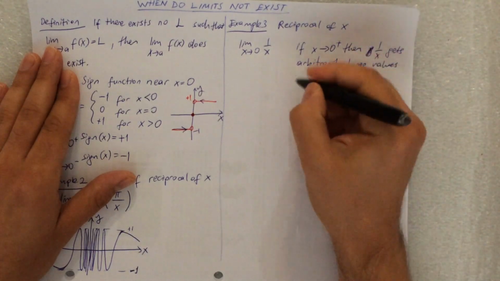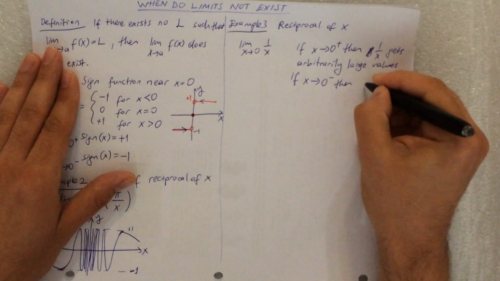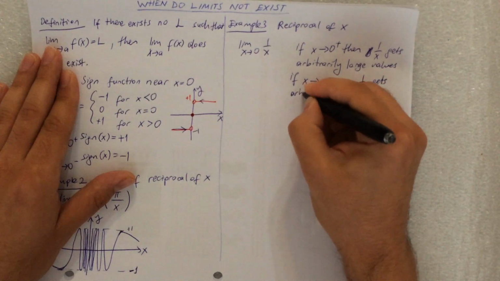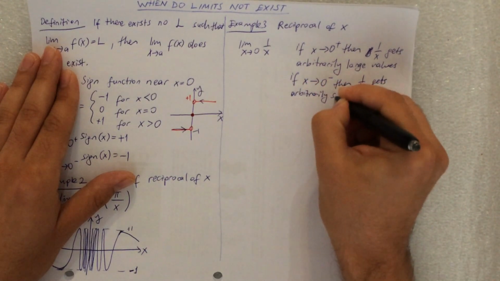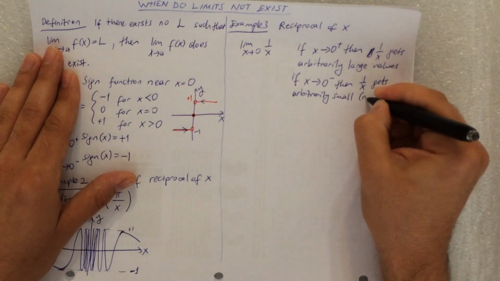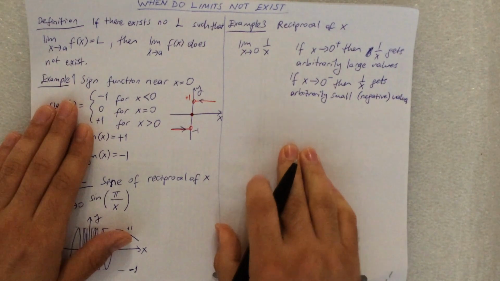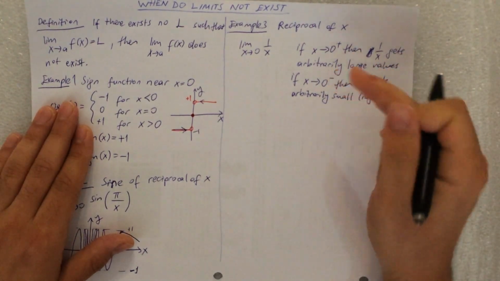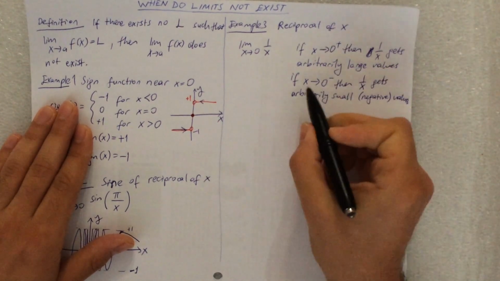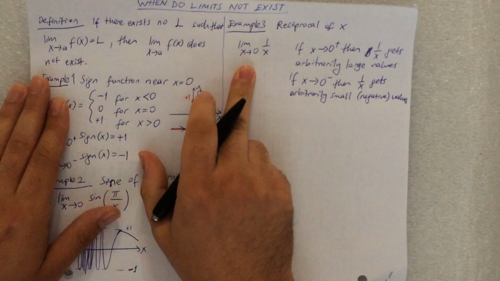On the other hand, if we approach 0 from the left hand side, then 1 over x gets arbitrarily small, in other words negative values, which means that we get different values when we approach from the right hand side or from the left hand side, which is sufficient to show that this limit does not exist.